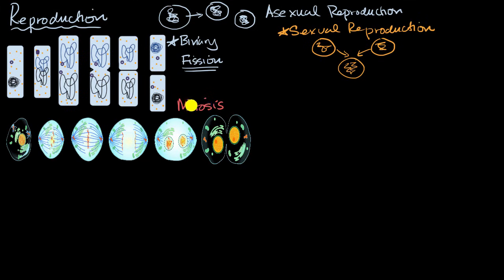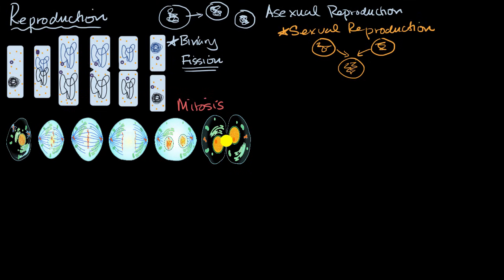And mitosis, you can view it as the analog of binary fission, but we're now dealing with eukaryotic cells. Eukaryotic cells are more complex, so this process is more complex, but at a high level, they are both asexual reproduction.